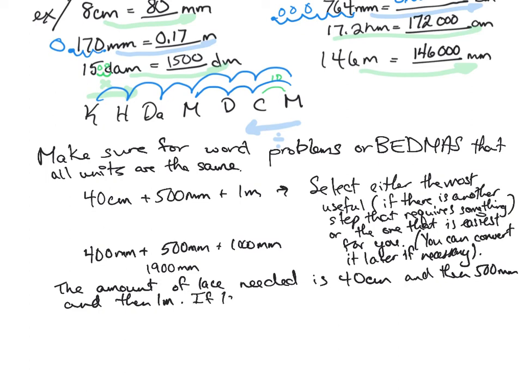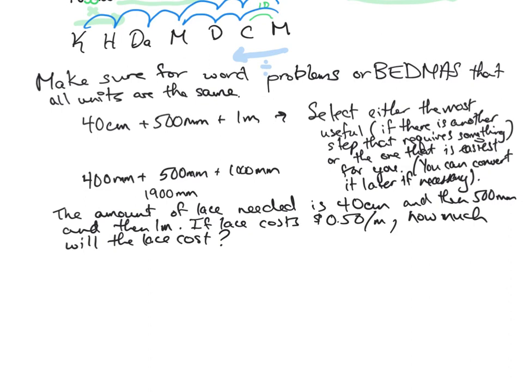If lace costs 50 cents per meter, how much will the lace cost? So in this case, even though the numbers are the same, it makes more sense to convert directly to meters because you have the price in meters.